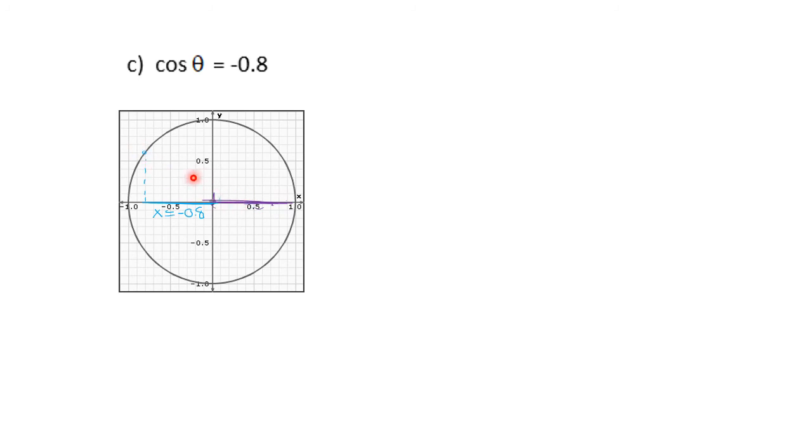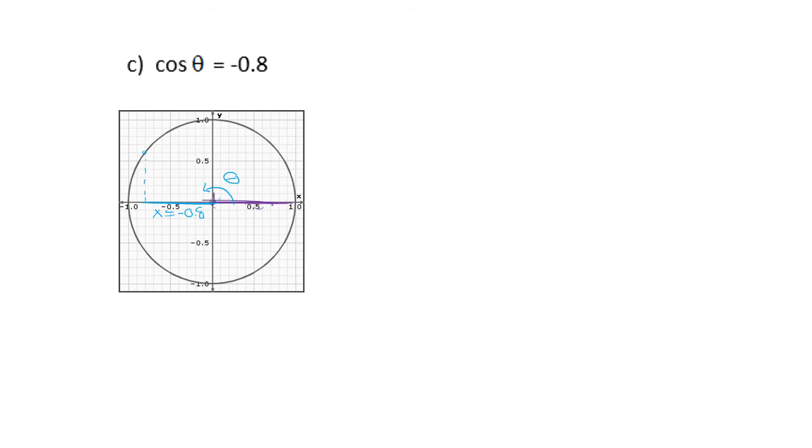So I'm going to measure this distance right here. I don't know why that terminal arm keeps disappearing. This is theta right there. That's what I'm trying to find. So when I measure that value there, I'm going to have the value of the angle.